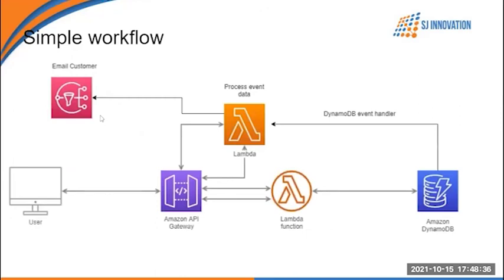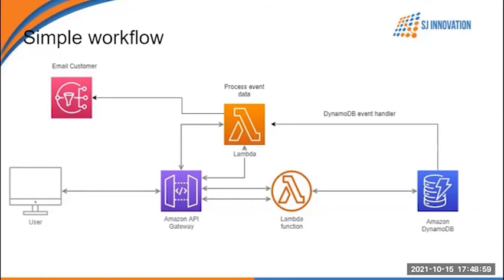Now, to give a real-time case scenario, this is a simple workflow that I have designed, and we actually use this model for some of our projects. There is a user who sends a request to API Gateway, making a call to the endpoint I mentioned.